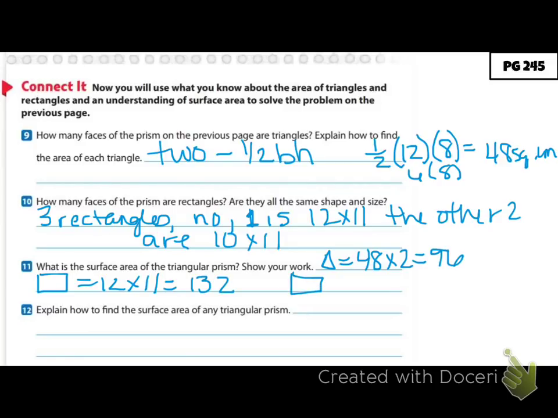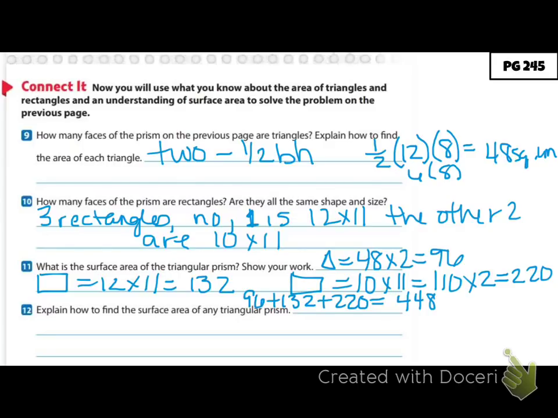And we know that the 2 other rectangles were 10 by 11, which is 110, but there are 2 of them, so we multiply it by 2, which equals 220. So then I take and I add up 96 plus 132 plus 220. And when I do, I get 448 centimeters squared.